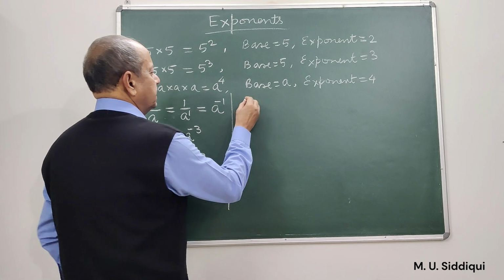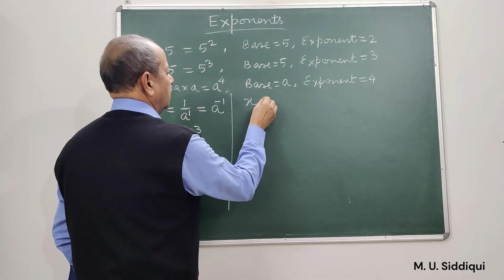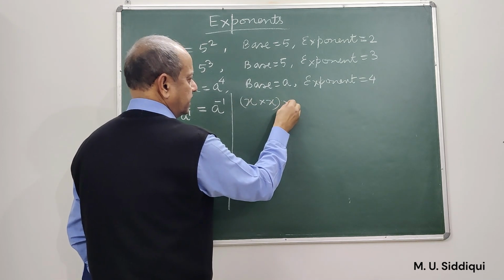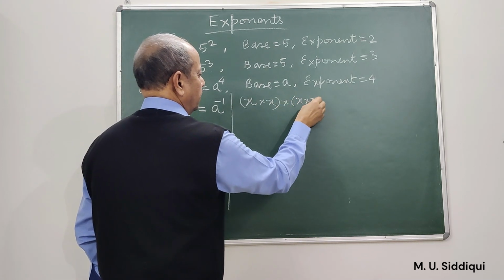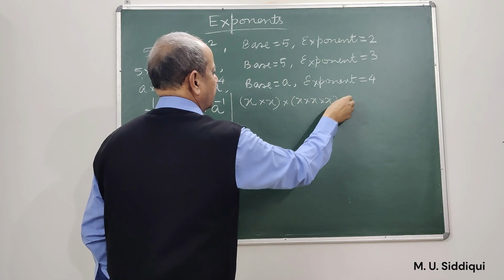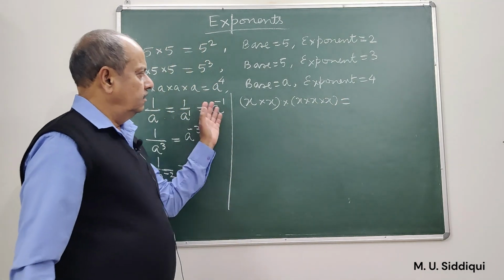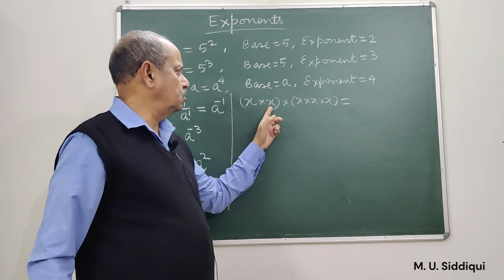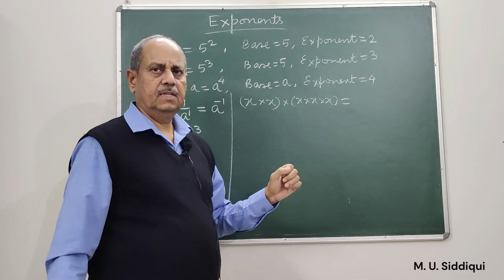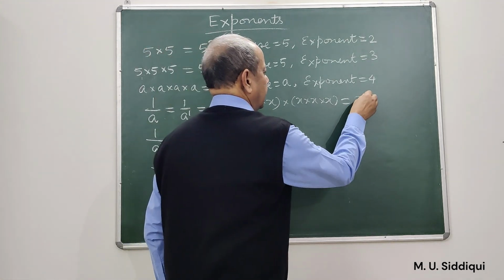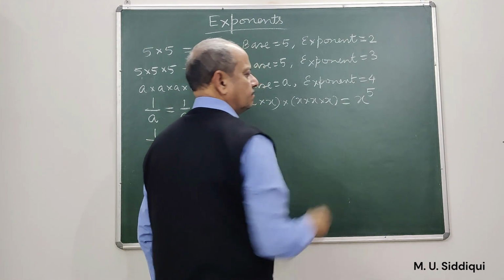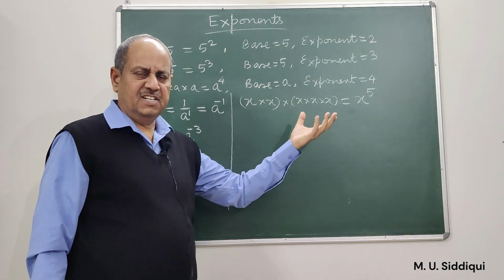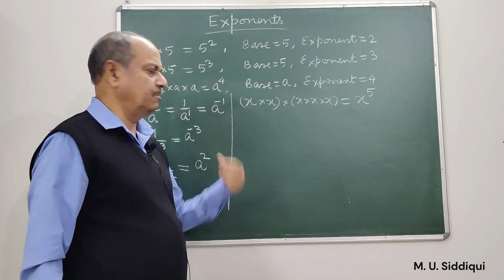For example, x multiplied by x is one set, and another is x into x into x. They all are multiplied. The same base x is multiplied how many times? 1, 2, 3, 4, 5. So you can write the result as x to power 5. But I have put some brackets here to explain something.